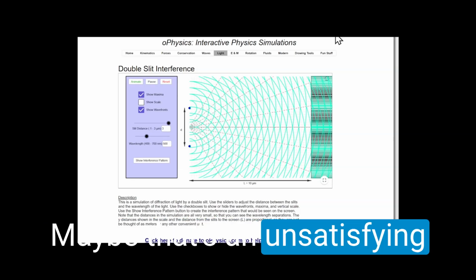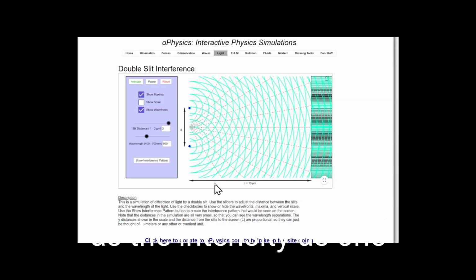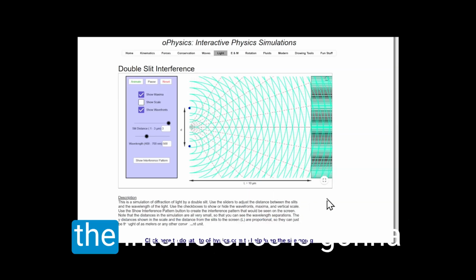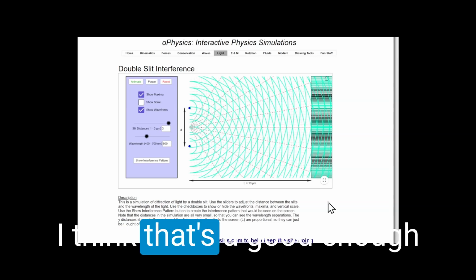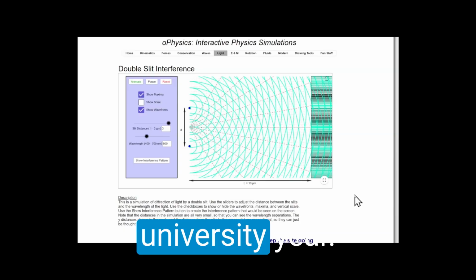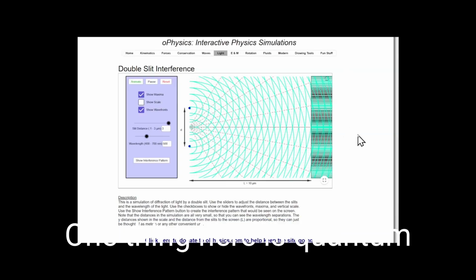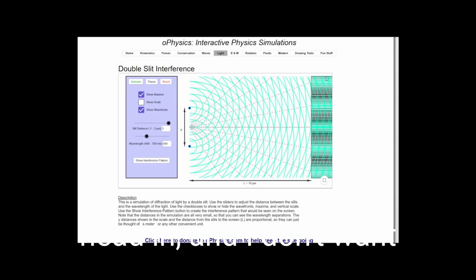Maybe that's an unsatisfying answer, but it's going to sort of die away as one dominates over the other, the interference is going to be less pronounced. I think that's a good enough explanation for year 13. It really is a university year 1 thing here. If quantum physics will do your head in, and I don't want you to do your head in.